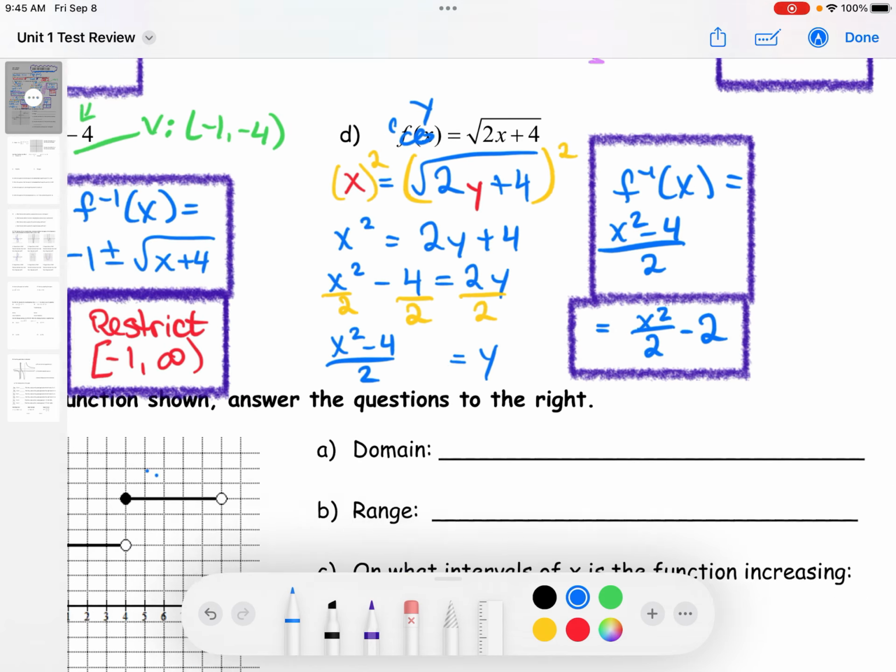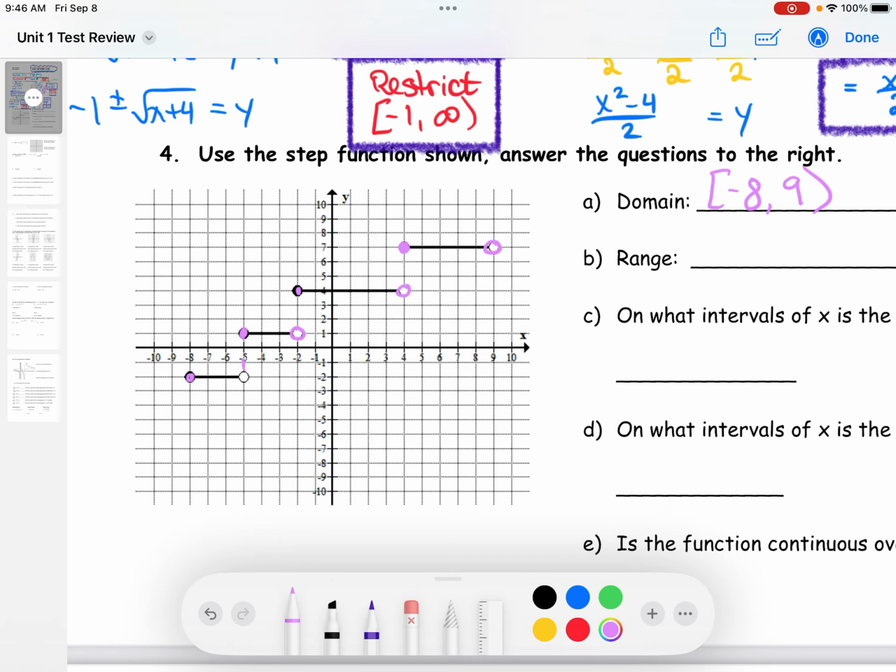So from -8 to +9 is our domain. Each x that's open gets used by an x in a different step. So there are actually no gaps in this domain.